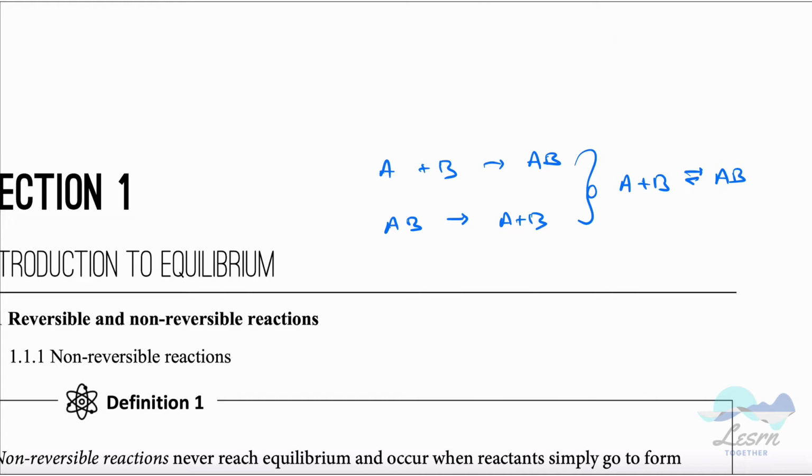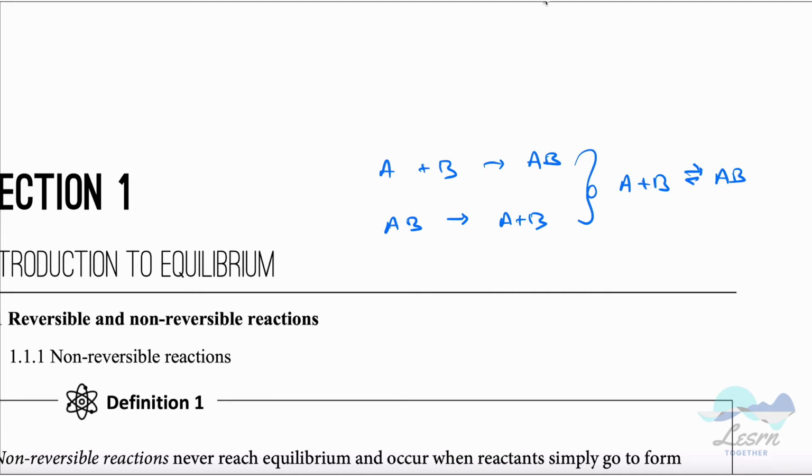And we draw this symbol here, which looks a little bit like a City Rail sign, the old City Rail logo, right? That essentially shows us that this reaction is in equilibrium, meaning you have a forward reaction, but you also have a reverse reaction, okay?